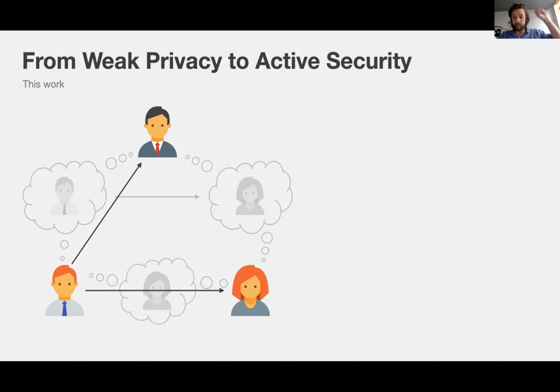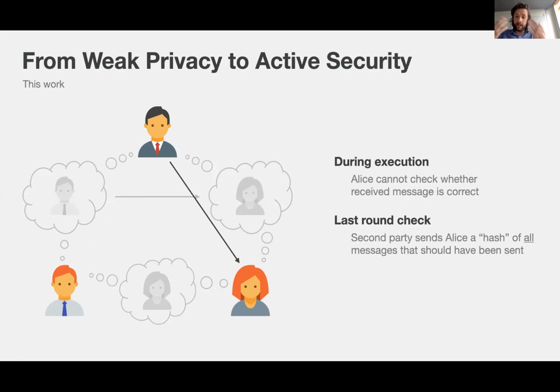So one of the real parties simulating the sender sends the message to all of the receiving real parties. At this point, Alice cannot check whether she received the correct message or not, but because the protocol has weak privacy, she will simply continue under the assumption that this was the correct message. Then in the last round, the second real party that simulates the sender will send a digest of all of those messages, which is a compressed version of all the messages that the sender was supposed to send.